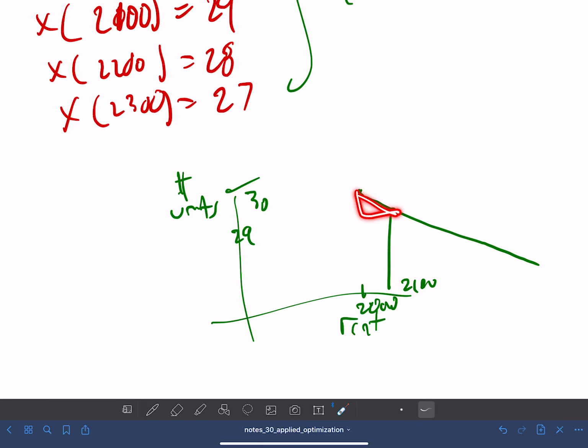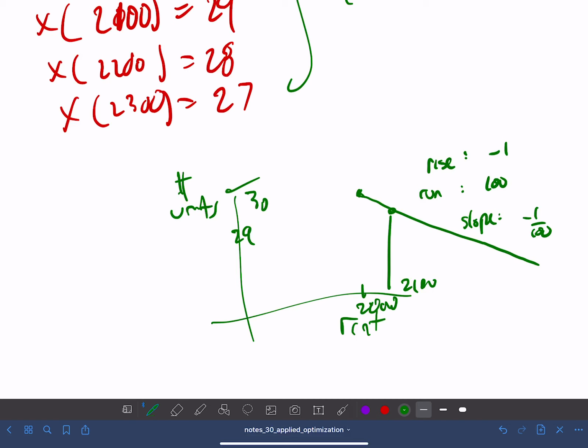I have a triangle right here, and we need the slope of that triangle. So what's the rise? It is -1, and the run is 100. So the slope of this line is -1 over 100.